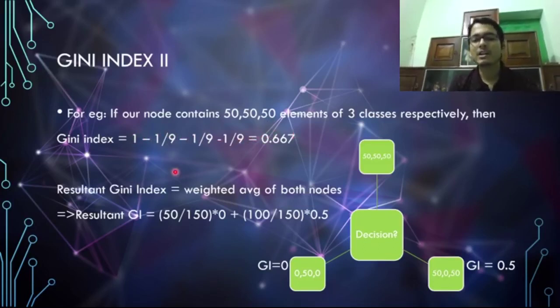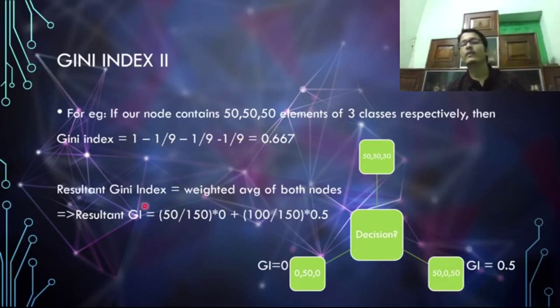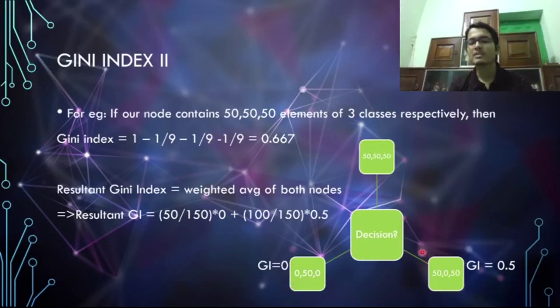So the resultant Gini index would be the weighted average of both the nodes. Let's say we take a decision out of which we split 0, 50, 0, and we also split it in this way. So here the Gini index is 0 because it is a pure node, you can see it, and the Gini index of the other is 0.5. You can just calculate the probability. The probability of the first class is 0, the second class is 1 by 2, and the next class is also 1 by 2.